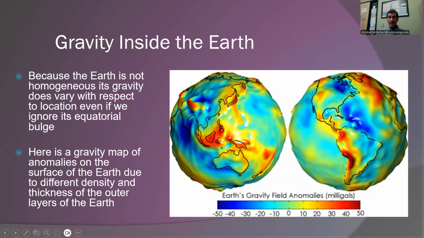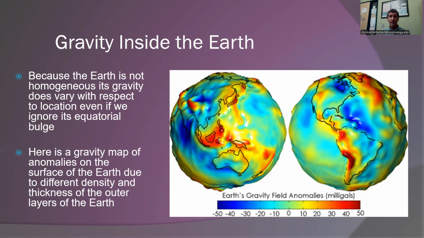And this is in milligauss, these anomalies where the gravity is actually higher at some places and lower at other places. Don't get excited here. The difference is really, really small. A milligauss, in terms of meters per second squared, is about 10 to the minus 5 meters per second squared. So this is a very, very tiny difference, much, much less than 1%.